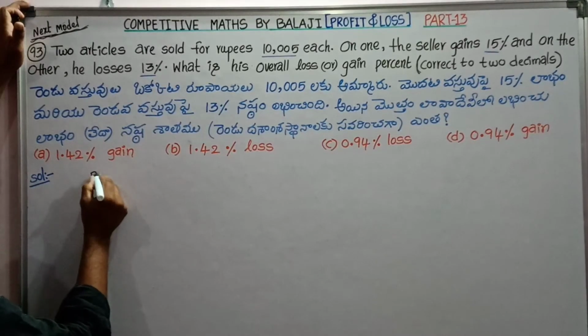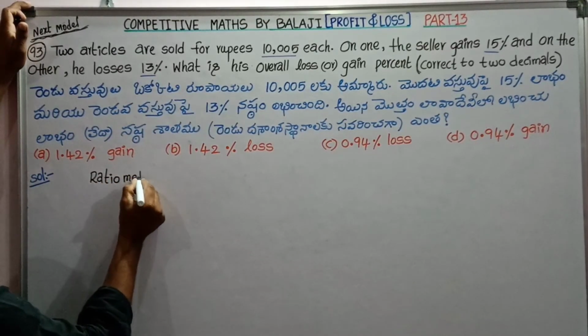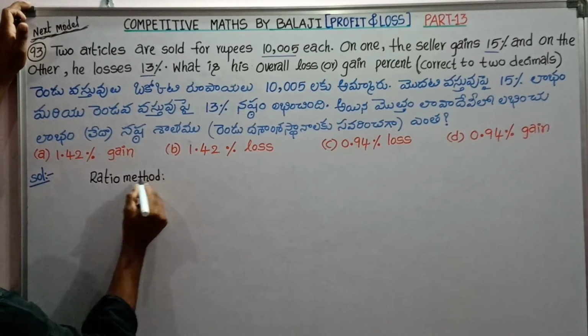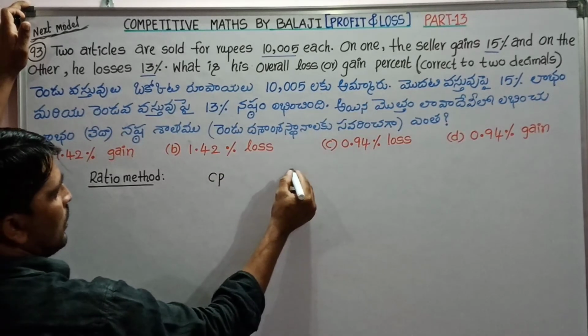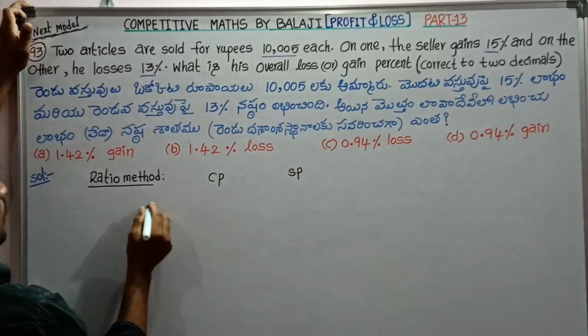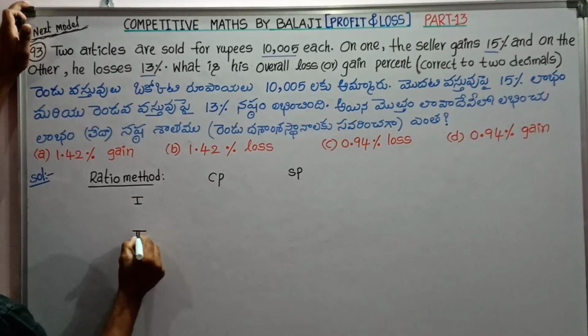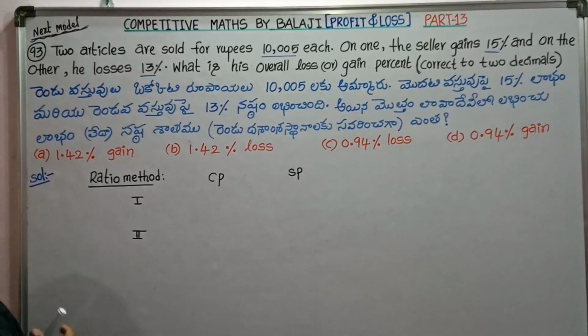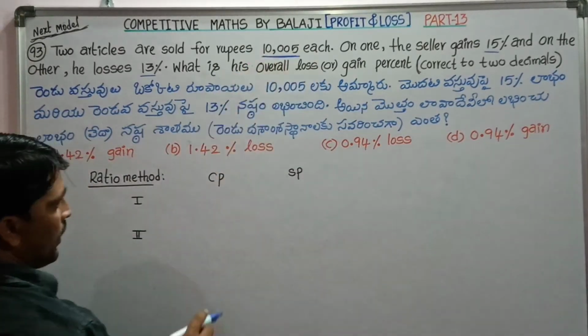Case 2 question, solution. We will use ratio method here. Ratio method. Consider CPs and SPs. We have 2 articles. This is first article. This is second article. And the case is that selling price of 2 articles are equal.